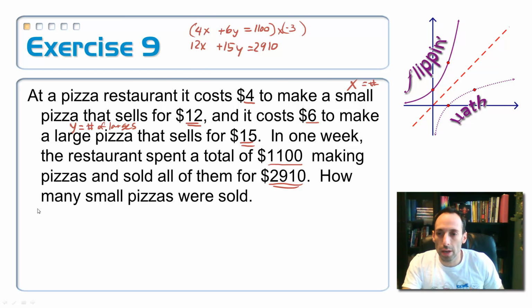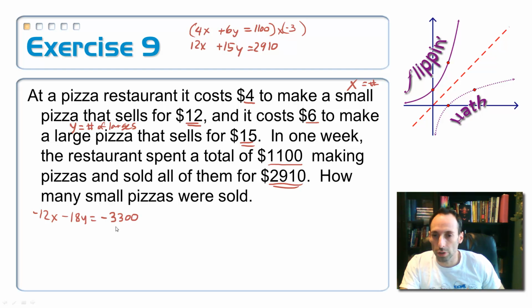So now I'm going to write down below here, I'd have negative 12x, negative 3 times 6, so minus 18y is equal to negative 3,300. The second equation doesn't change: 12x plus 15y is equal to $2,910.